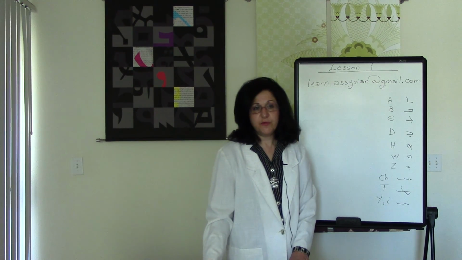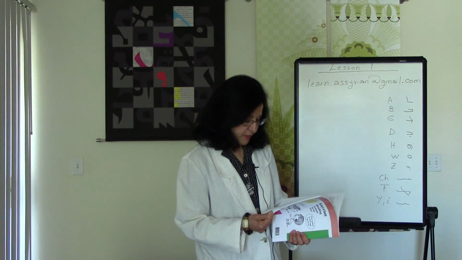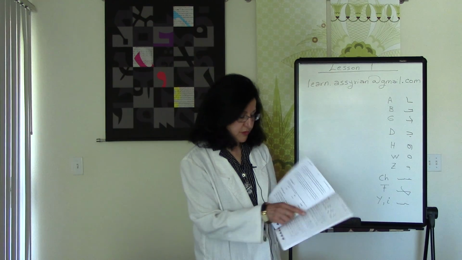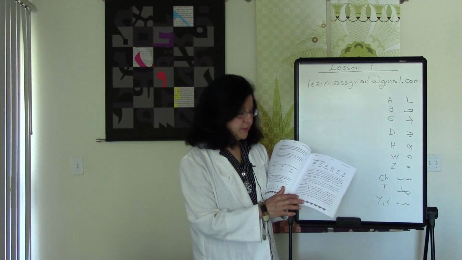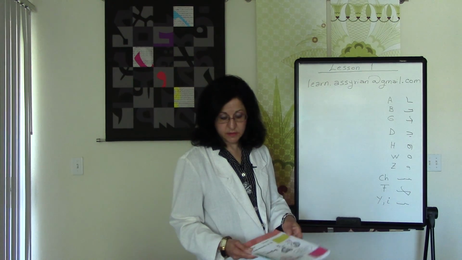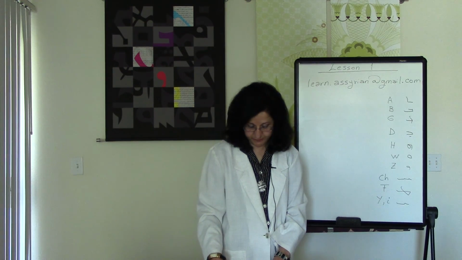In the book, you will find that in boxes, I have explained the dialect of Urmia, for example here on page 7. I will not explain that in the class, but you may want to go through that on your own.